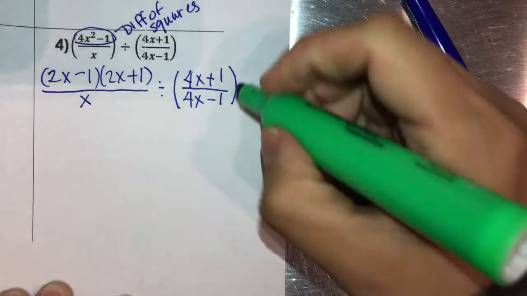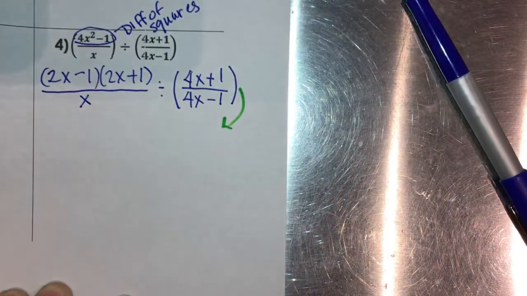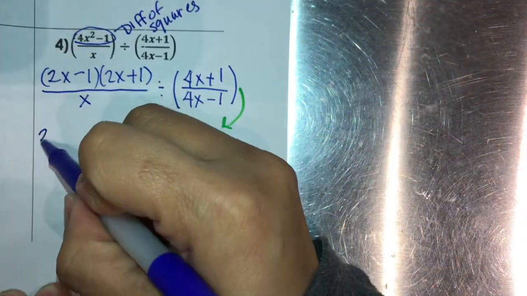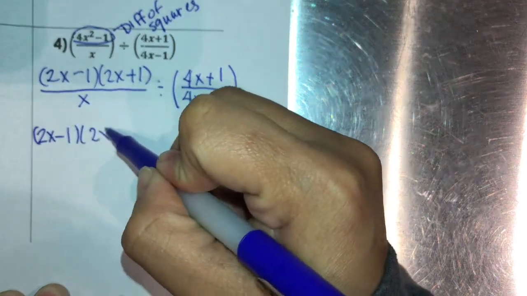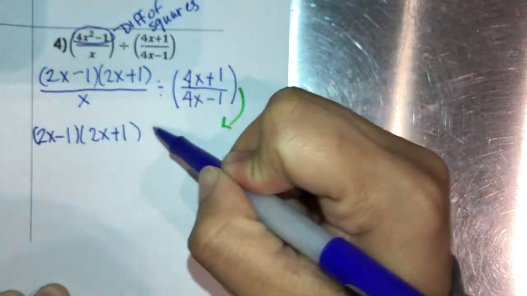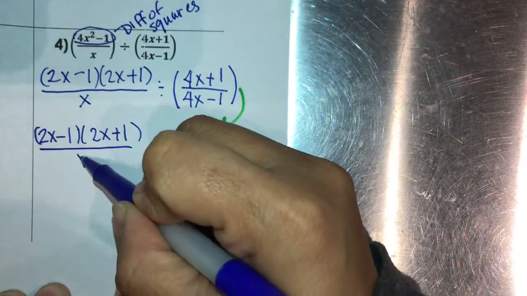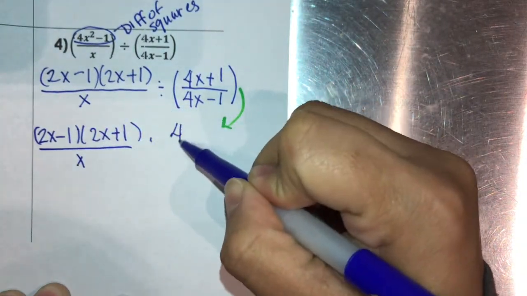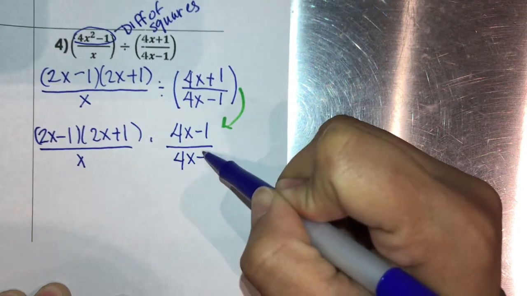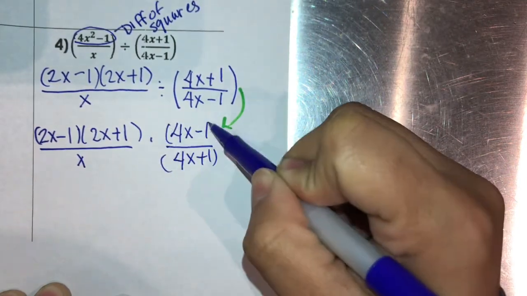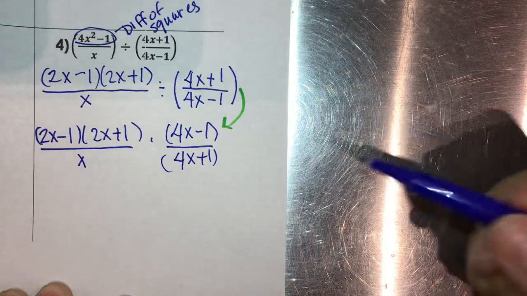Let's take the reciprocal and then multiply: 2x minus 1 times 2x plus 1 divided by x, times 4x minus 1 divided by 4x plus 1. Let's make those each individual binomials.